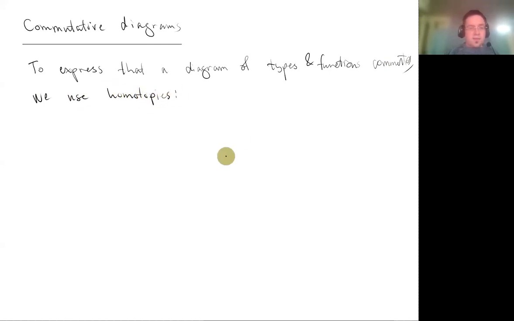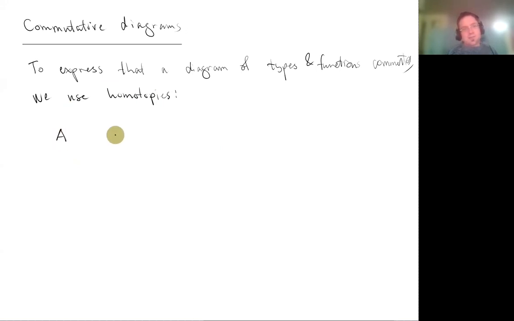Since no one knows how to express a general definition of diagrams in type theory, we'll just do this in particular cases when it comes up. So if you don't understand what a diagram is, don't feel bad about that. We'll explain when we have particular instances how to formalize it. So a simple case is a triangle.